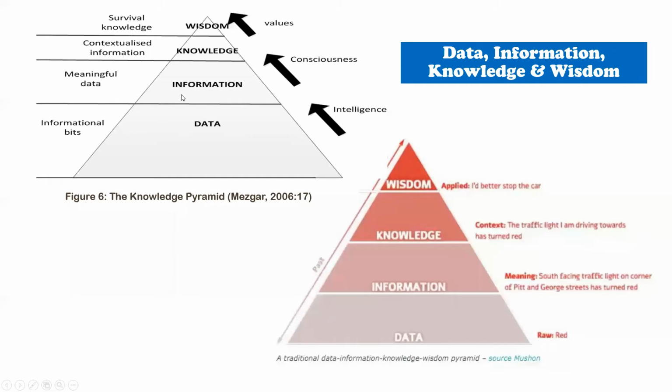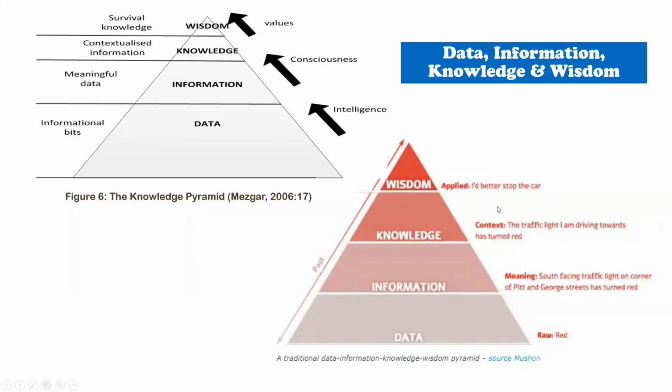Information is meaningful data, so it creates meaning for you to interpret this data. For example, the south-facing traffic light on the corner of Pitjor Street has turned red. This is how you put the data together and make it something that creates meaning for you. This is talking about the traffic light turning red.